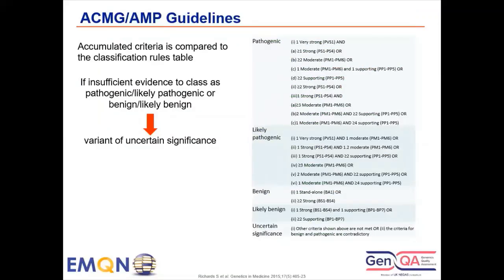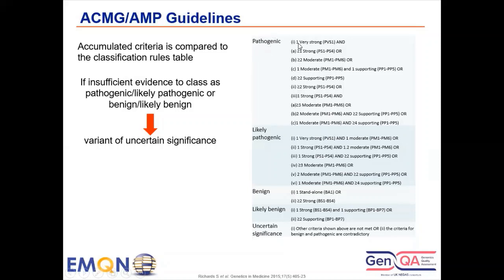But how many criteria do you need now to classify a variant as pathogenic or likely pathogenic or benign, likely benign, or when do you fall into the uncertain significance? So you can accumulate the different criteria, and then you can calculate if it falls into the pathogenic category.